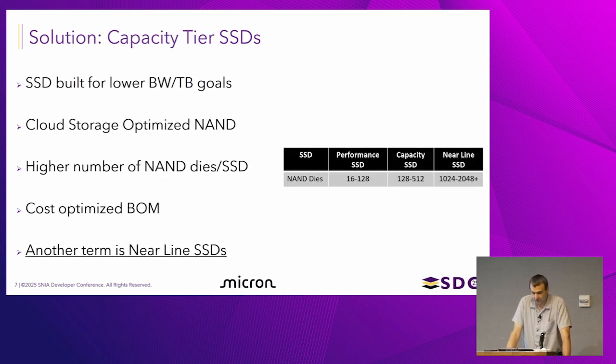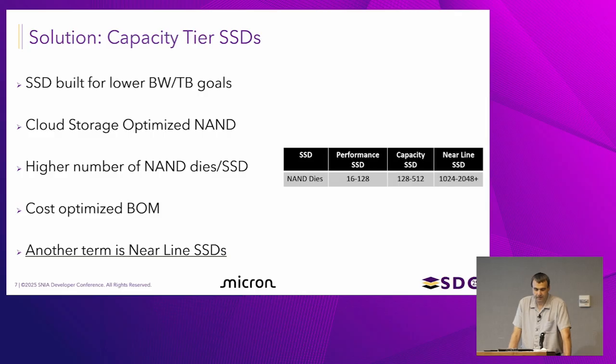So what was the solution that we looked at? Well, it was this new tier called capacity tier SSDs. This has been called a couple of other things. One of the terms is nearline SSD, but basically it's an SSD built towards a lower bandwidth per terabyte goal, right? Somewhere that you've got just enough performance at a low enough cost.